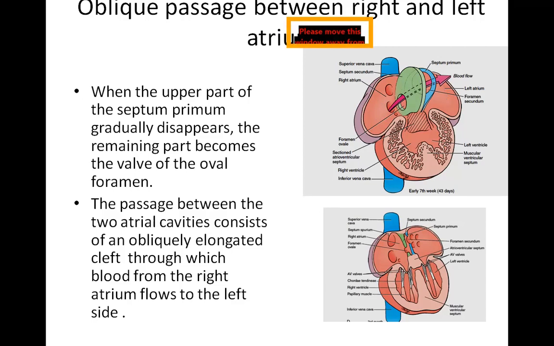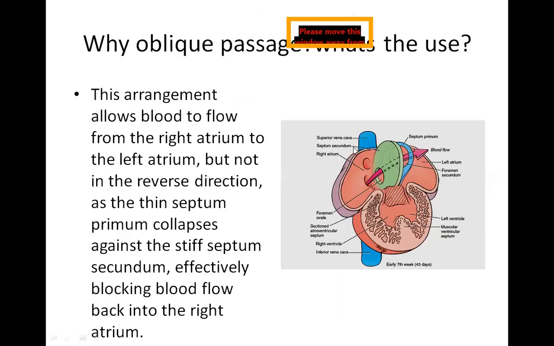What is the use of this oblique passage? This arrangement allows the blood to flow from the right atrium to the left atrium, but not in the reverse direction, as the thin septum primum collapses against the stiff and unyielding septum secundum, effectively blocking blood flow back into the right atrium.